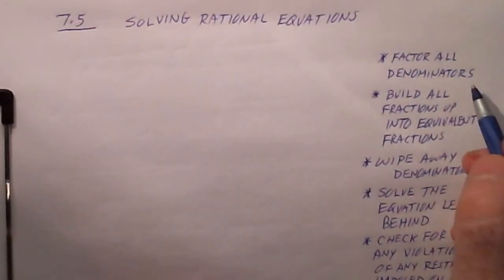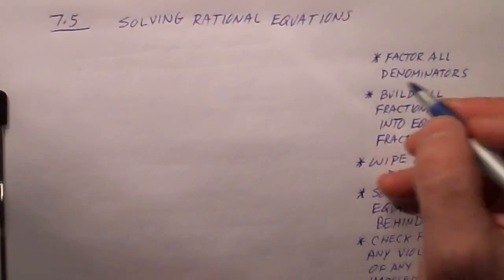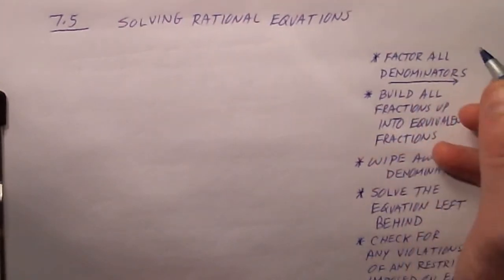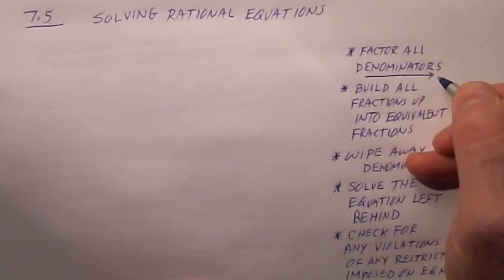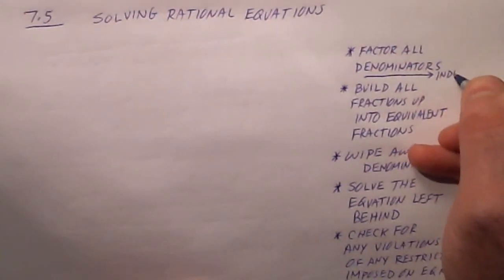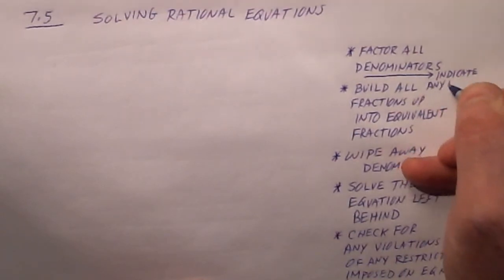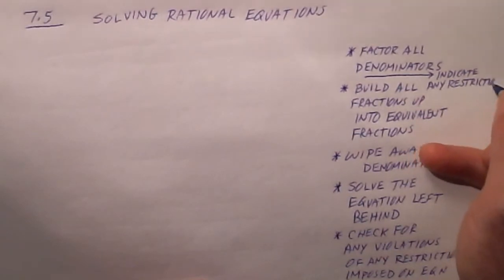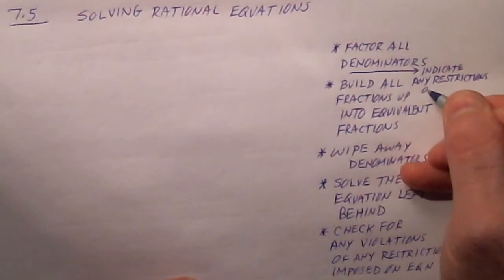And so, ladies and gentlemen, back up here, once you factor all your denominators, we should put another thing in here in between these two steps where we want to basically indicate any restrictions on the equation.